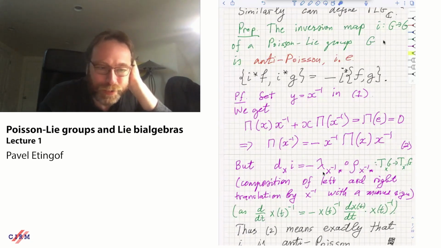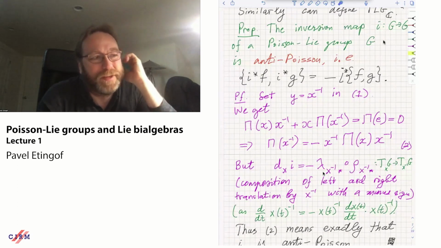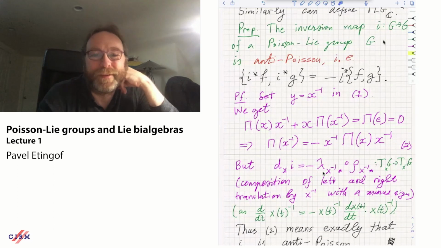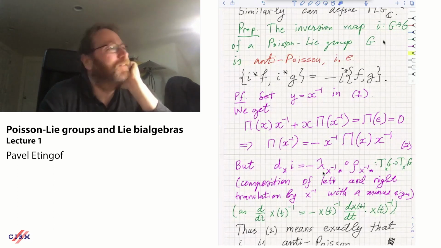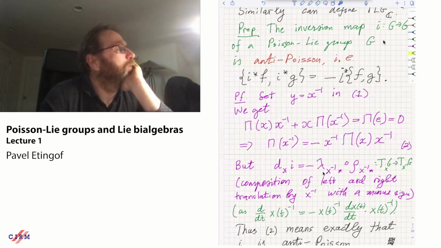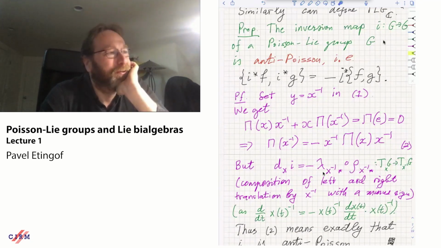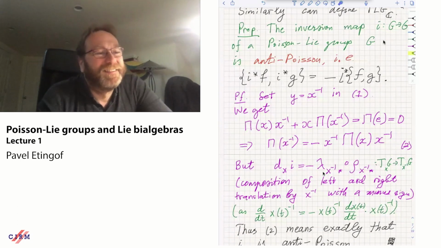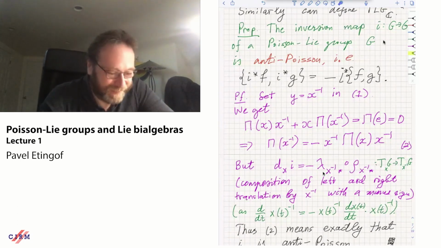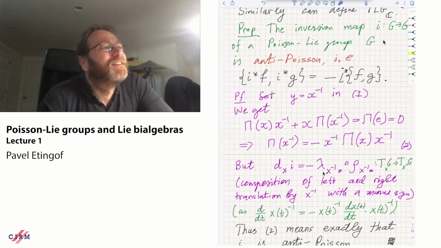Or if you have two elements which generate a two-dimensional Lie algebra, then you can also construct an example. I will explain that later. So I think maybe any Lie group contains one of those. All right, thank you. Other questions?